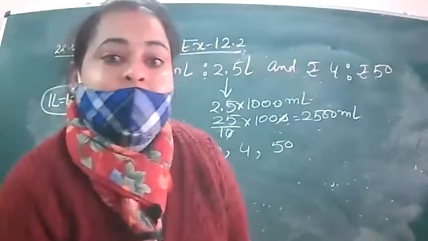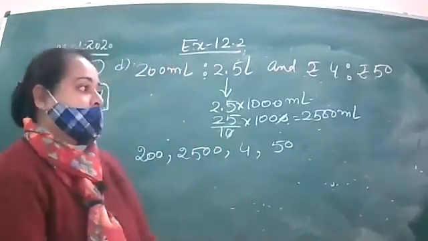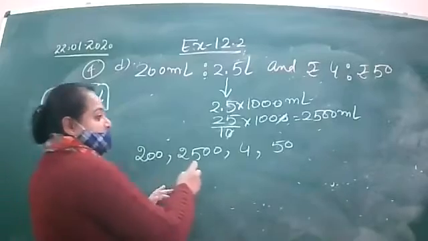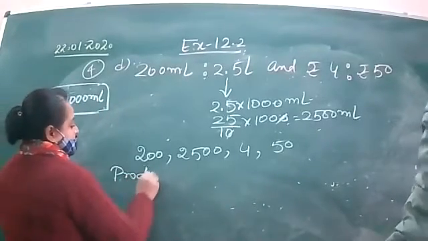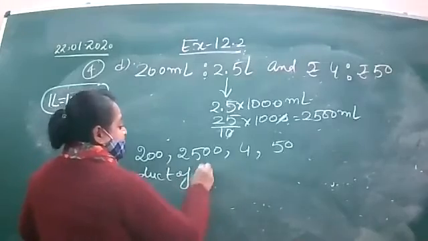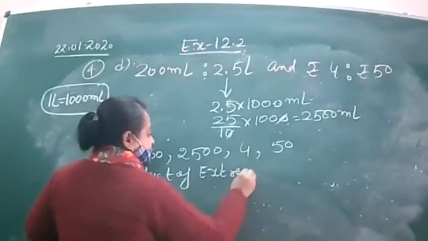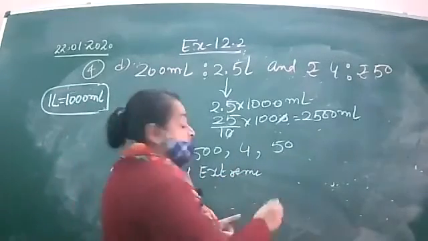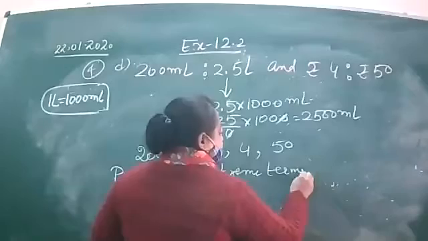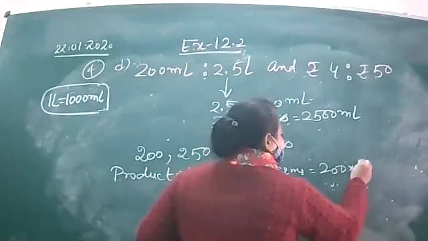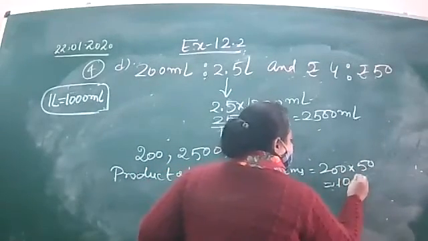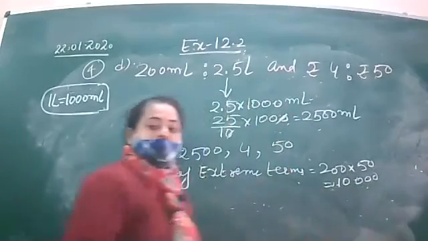Now next we will write product of extreme terms. So 200 multiplied by 50, 10,000.